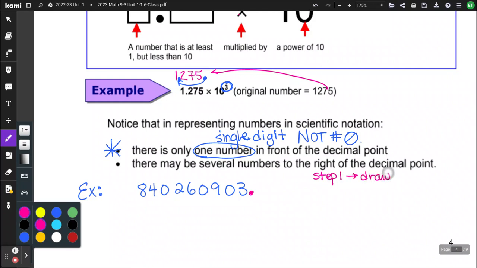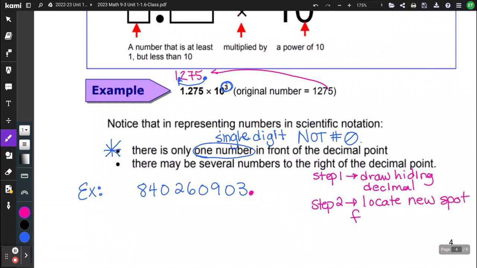Step 1: Draw hiding decimal. Step 2: Locate the new spot for your decimal.